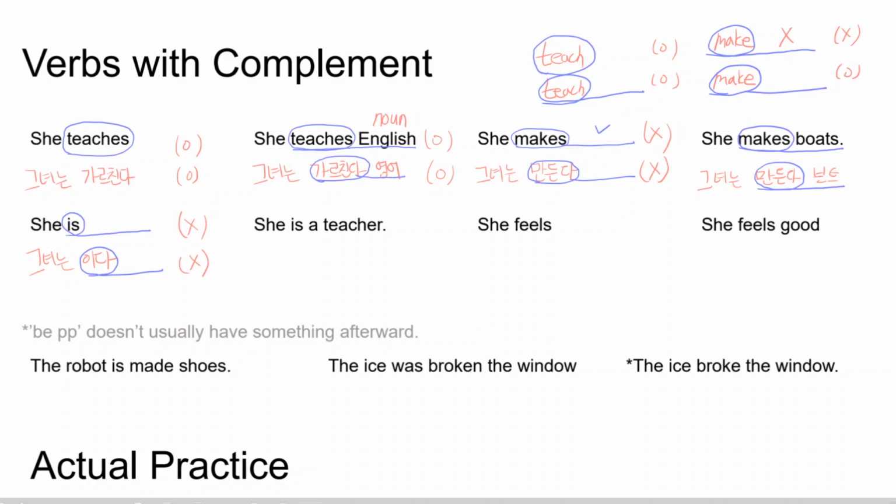Whereas she is a teacher is of course a correct sentence because we have a complement, right? We have a noun complement. 그녀는 이다 교사. 그녀는 교사이다. Right? So in English, it is like this. 그녀는 이다 교사. She is a teacher.